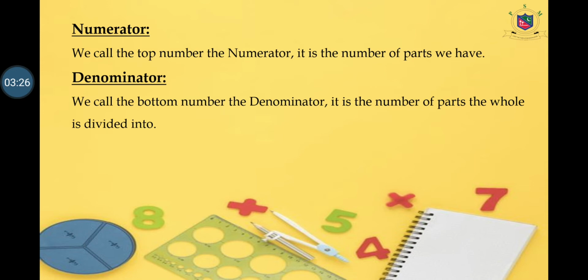We call the bottom number the denominator, and the denominator always shows the number of parts the whole is divided into. Like here you have a fraction 3/5. It means that something we have has 5 parts, and from the total 5 parts we have selected 3. So 3 will be our numerator and 5 will be our denominator.